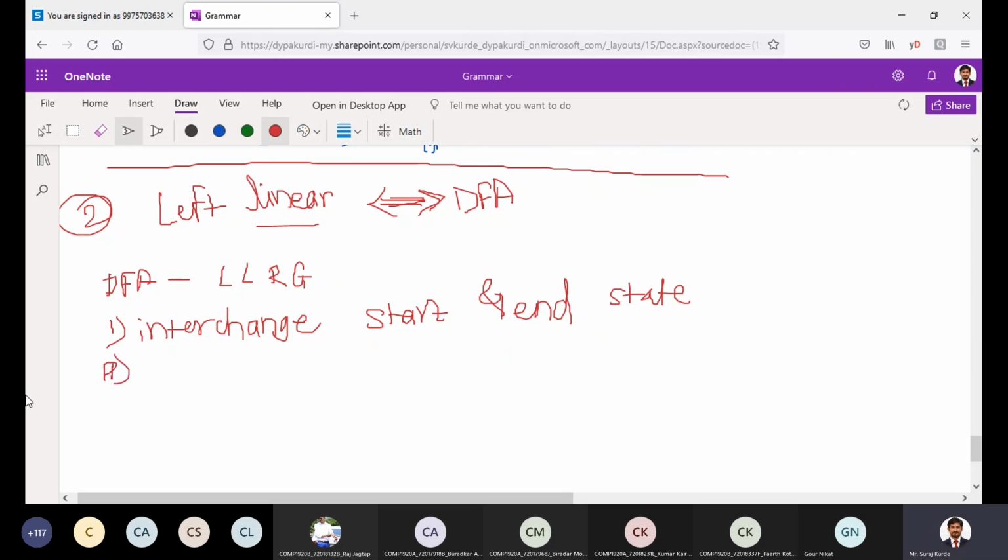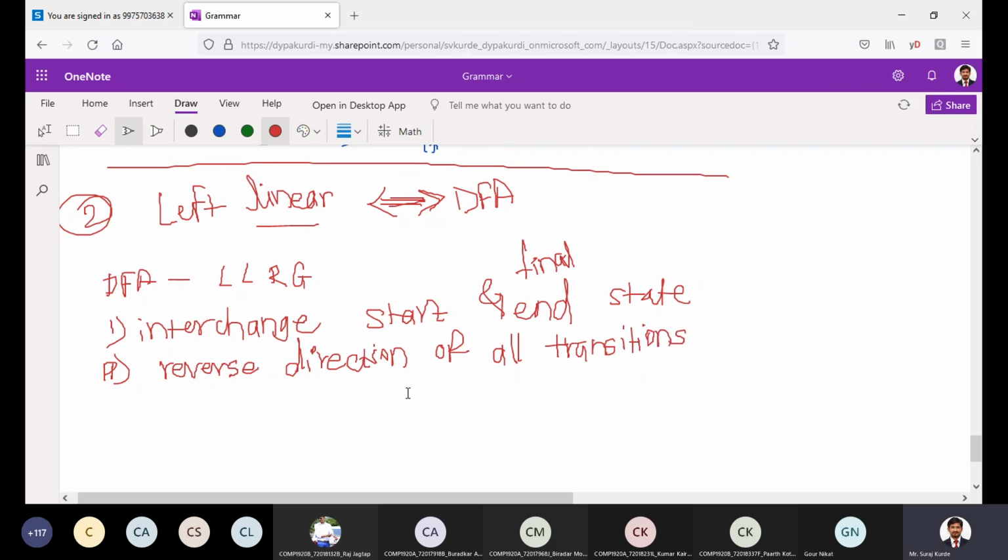Start and end means final state. Interchange them. Then reverse the direction of all transitions.